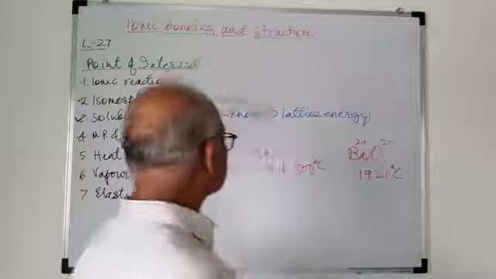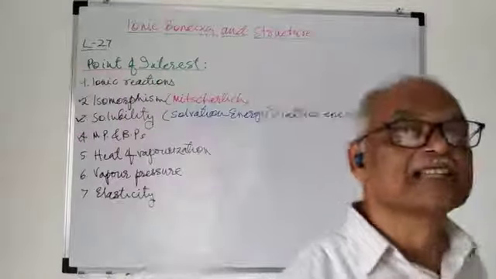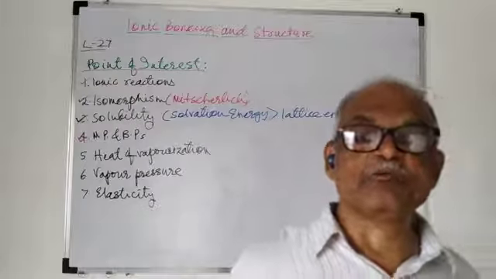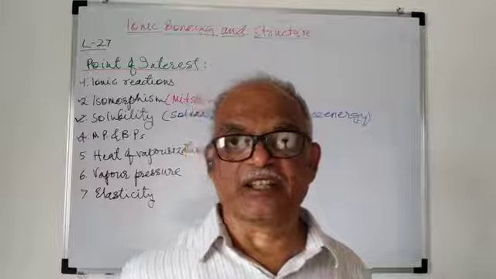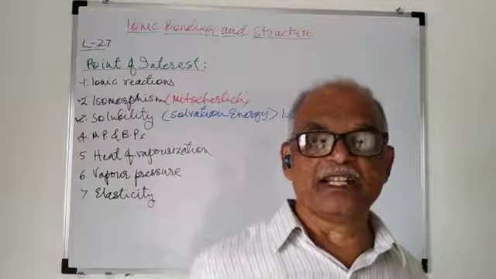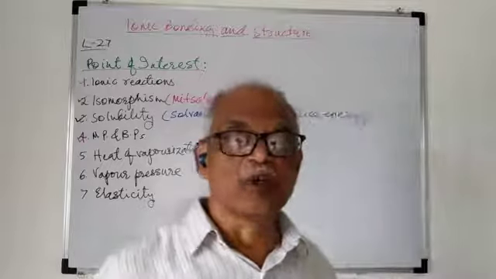Now we will discuss this solubility. Ionic solids are polar in nature. We have seen last time that the bonds of ionic nature are polar. So such solids are easily soluble in polar solvents like water. Water is also a polar solvent.